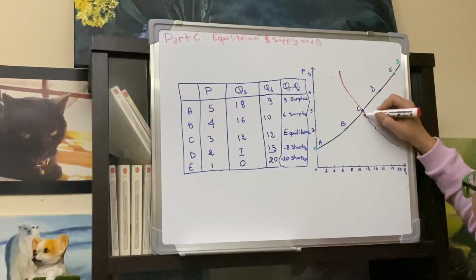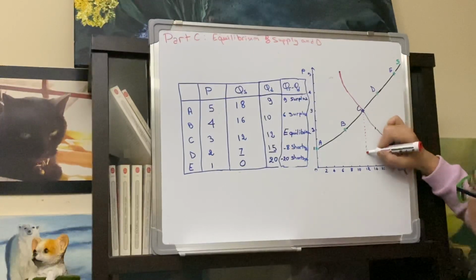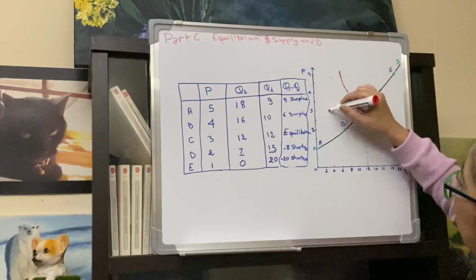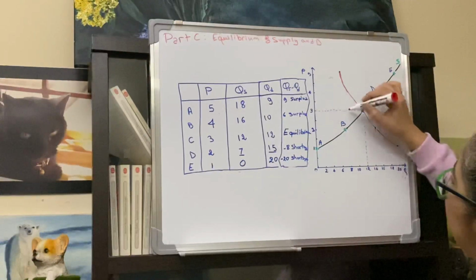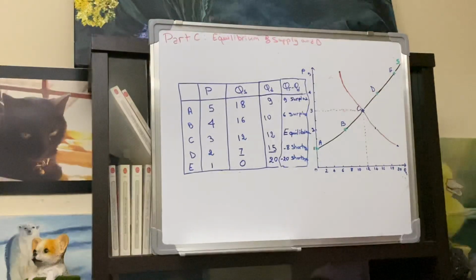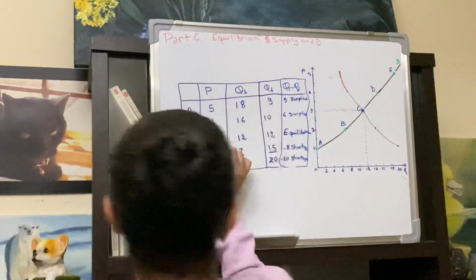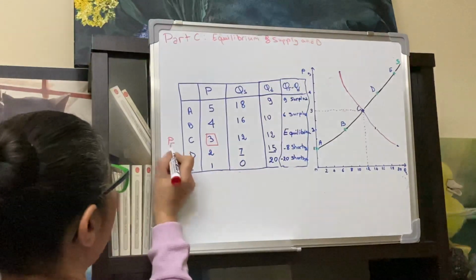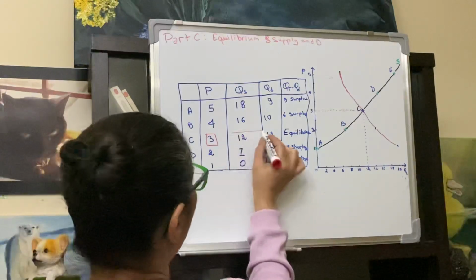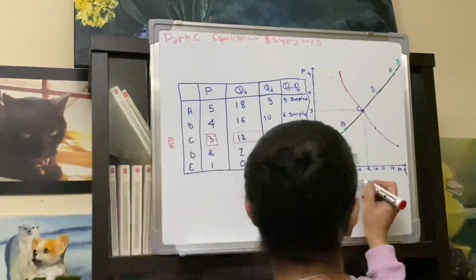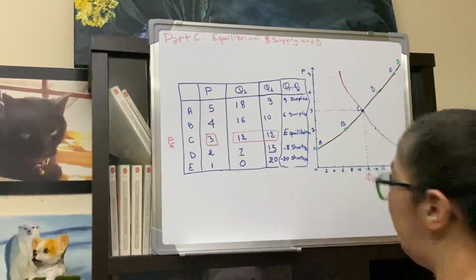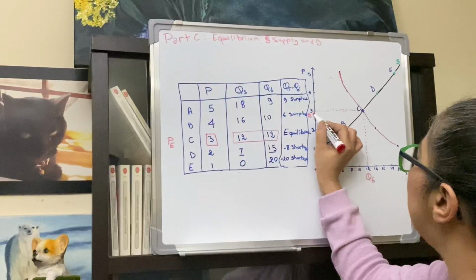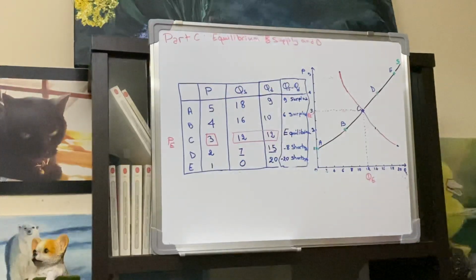My equilibrium is here, at the point where they agree to buy and sell at exactly the same price, which is price 3. We call this price the price at equilibrium, and we call this quantity the quantity at equilibrium. So your PE is here and your QE is here.